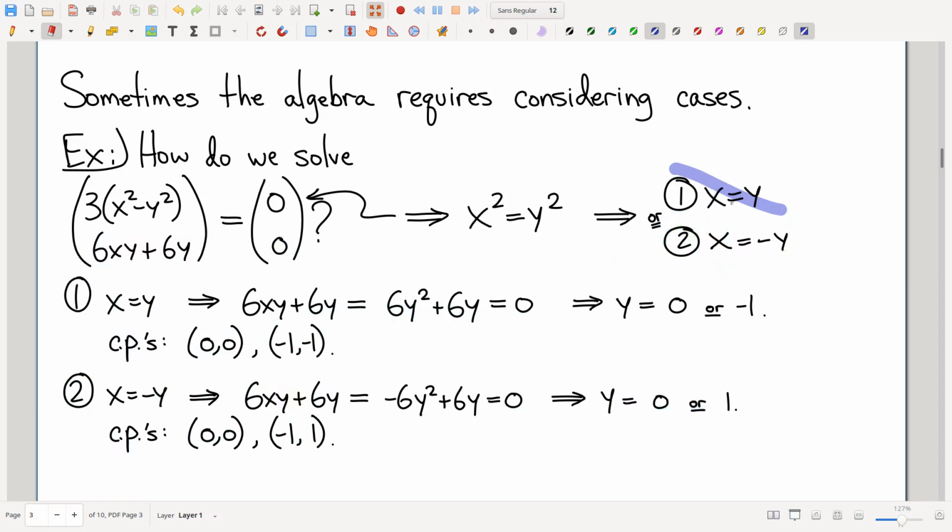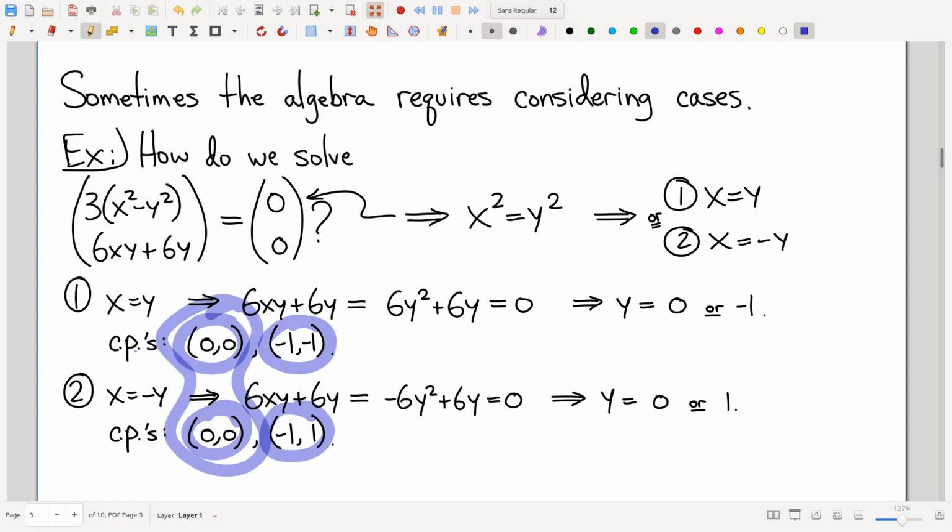Okie dokie. So would the final answer to this be that there's 3 critical points? Correct. At a careless glance, it would look like there's 4, but of course two of these are the same. So yeah, that's correct. There are 3 critical points. Now, just as a reminder, y'all have heard me say this a million times: it's not about the answer; it's about the reasoning, right?